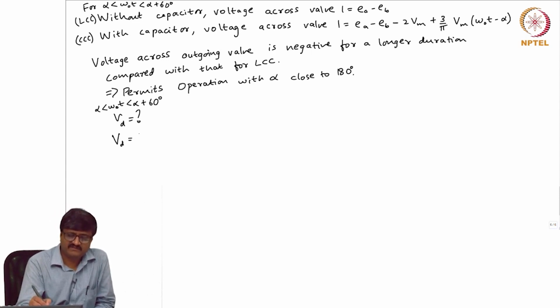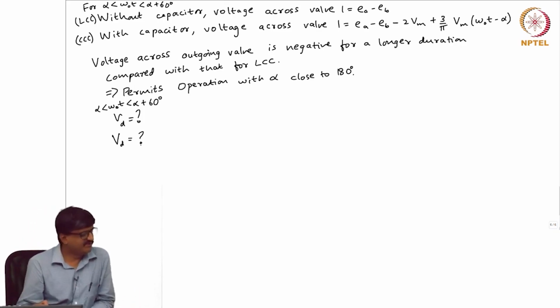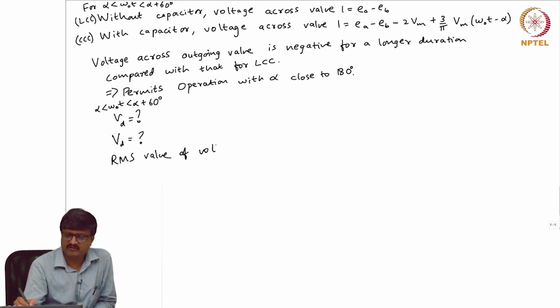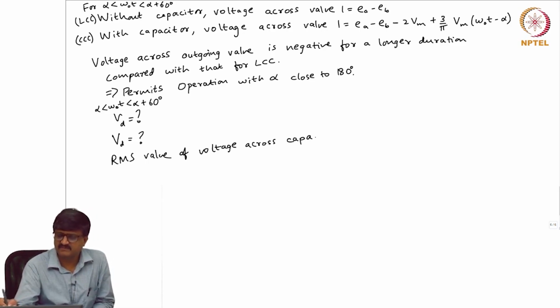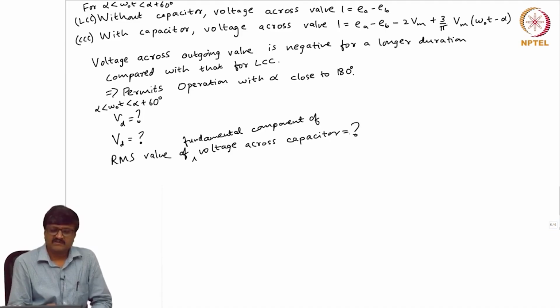Okay. So, I would suggest that you please try to get these things. Now, there are a few other things which are very easy. I would also suggest that you try to get the expression for the RMS value of the voltage across the capacitor, to be precise, the RMS value of the fundamental component of the voltage across the capacitor.